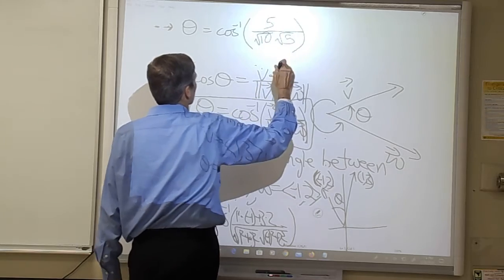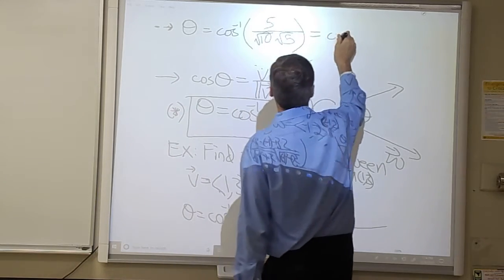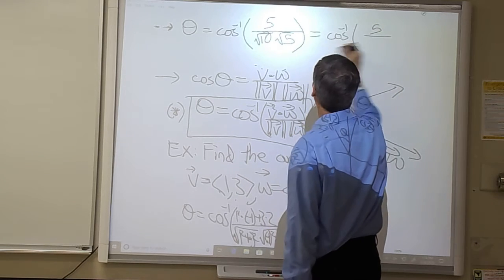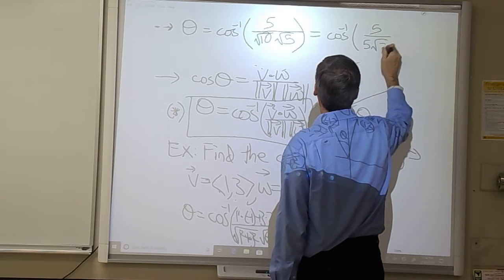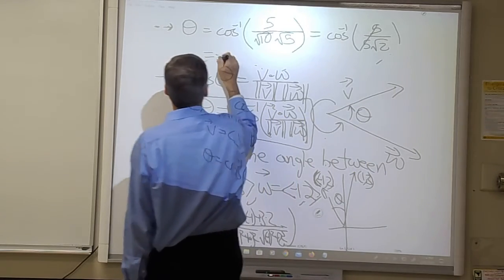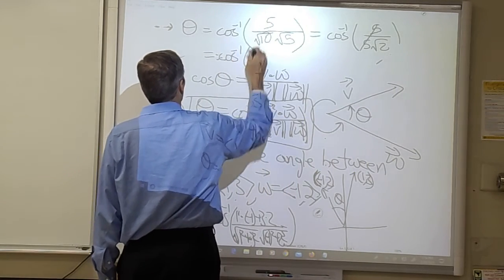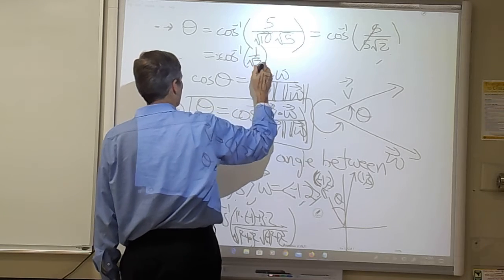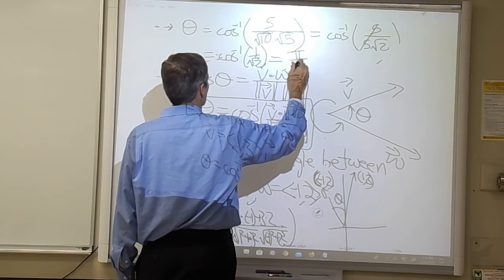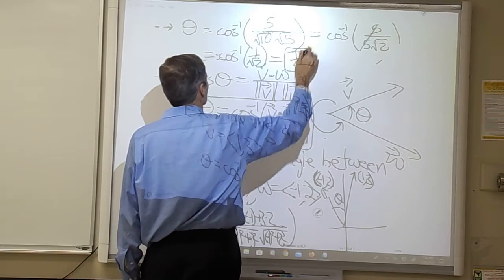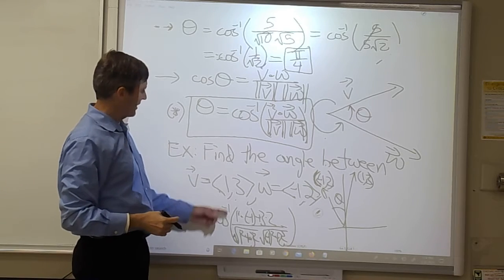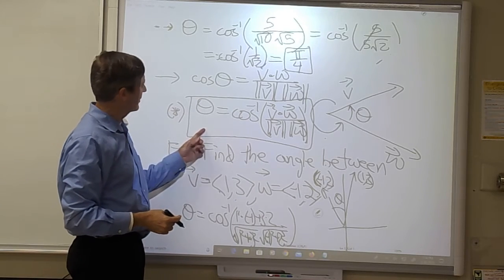You can simplify that as the inverse cosine of 5 over 5 square root 2. The 5's cancel. Evidently theta is the arc cosine of 1 over square root 2, also known as square root 2 over 2. You remember that one, right? That's 45 degrees. We usually use radians when dealing with angles, so we'll say the angle between them is pi over 4. There is the angle between those two vectors computed with the formula.